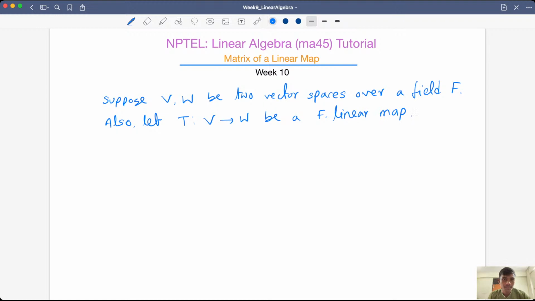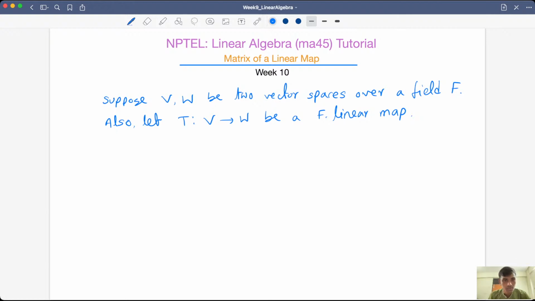So then we can write a matrix for this linear map, and if V and W are finite dimensional, then the matrix will be of finite order. The order of the matrix depends on the dimension of V and W.